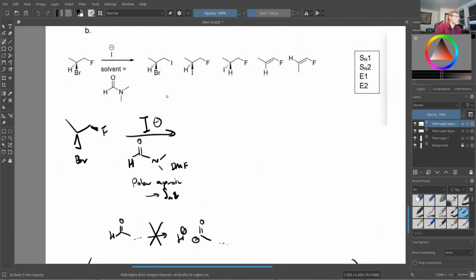Well, here we are. So we've got this, and we've got an iodine here, and it's in an SN2 solvent. So what are we going to do? Backside attack for SN2. We have two places where we can do that. Where are we going to do it?